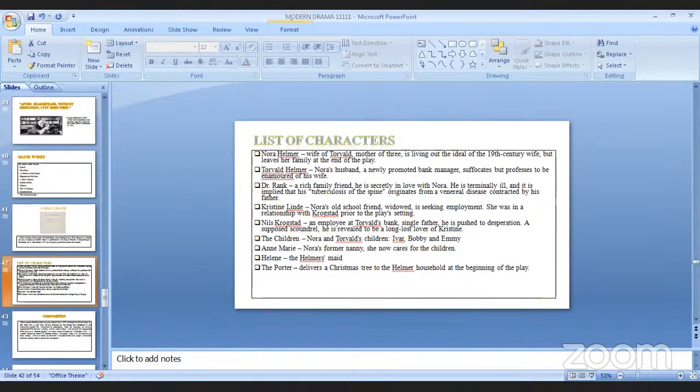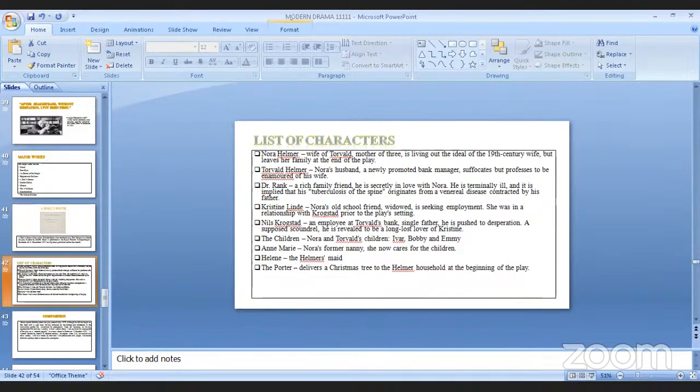When he is appointed bank director, his first act is to relieve a man who was once disgraced for having forged his signature on a document. This man, Nils Krogstad, is the person from whom Nora has borrowed her money. It is then revealed that she forged her father's signature in order to get the money.